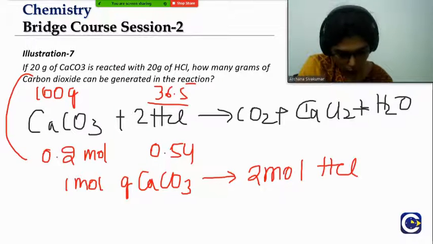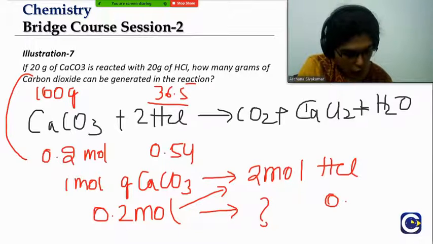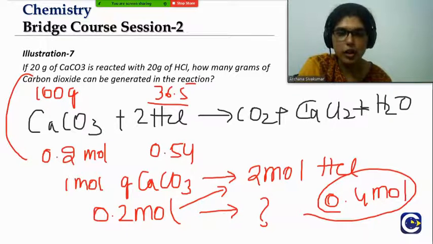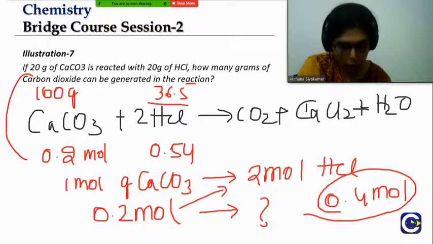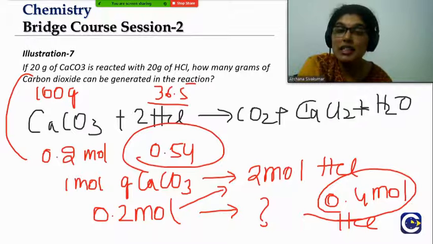So 0.2 mole of calcium carbonate will require 0.2 times 2, only 0.4 moles of HCl. But what is present? 0.54. So which is present in excess? HCl. What is the limiting reagent?